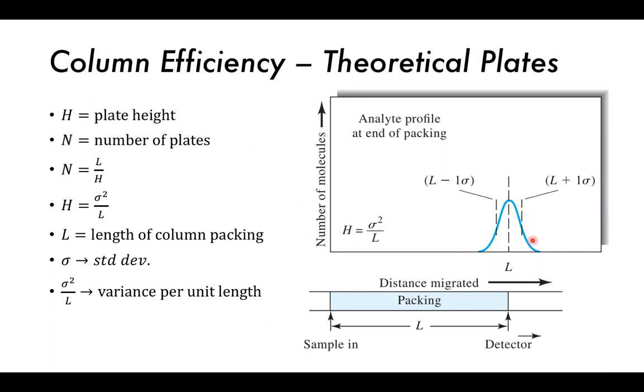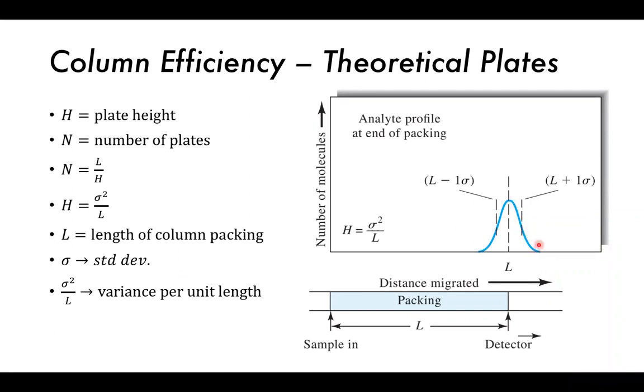And so it's related to the peak which is observed as it comes through, because remember, this is usually a UV-vis absorption detector. So what's happening is we get different absorption values as the number of molecules increases. Initially we've got a few molecules of our solute passing through, and so we have a lower absorbance, and then this absorbance increases to a peak at a certain point and then decreases again.